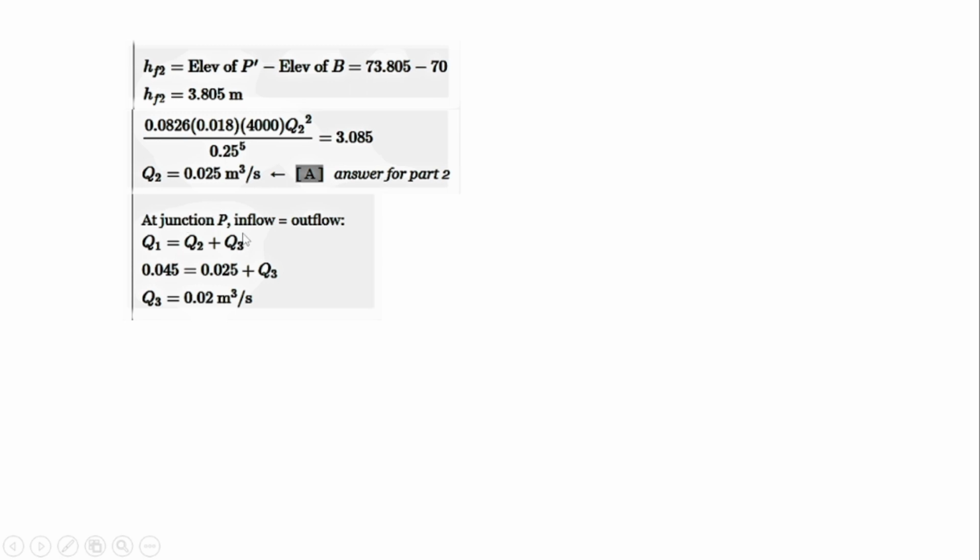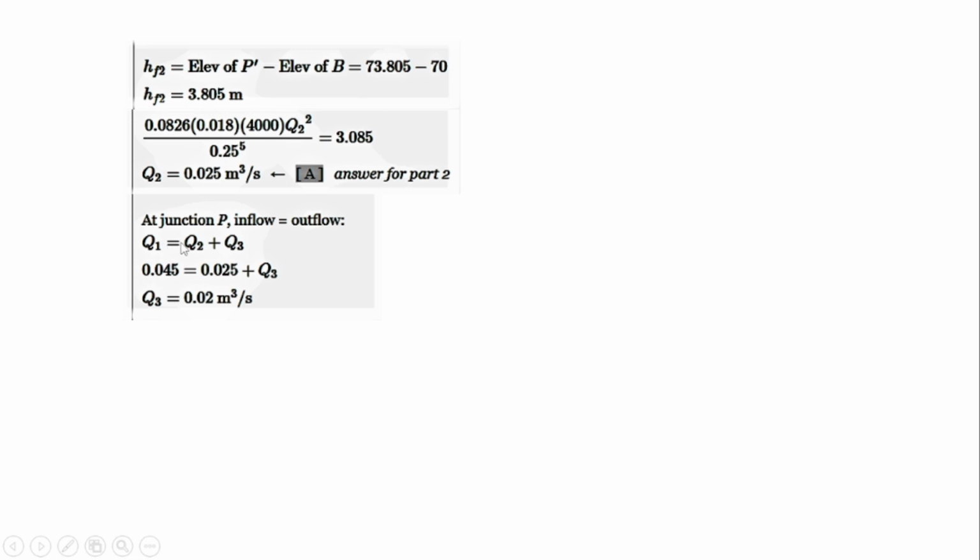So at junction P, inflow is equal to outflow. The inflow here is Q1, since the direction of flow of Q1 is towards junction P, while the direction of flow in reservoirs B and C is towards the reservoir.